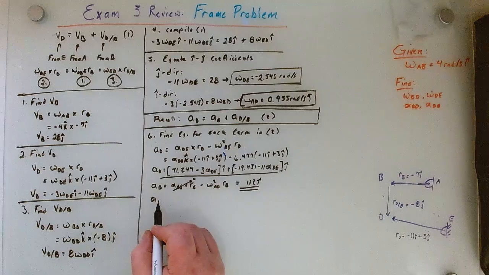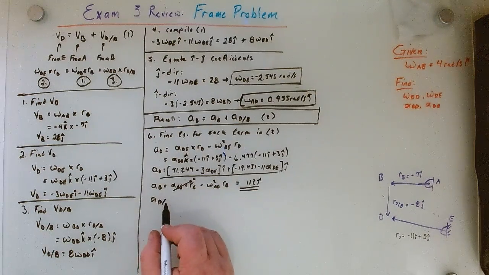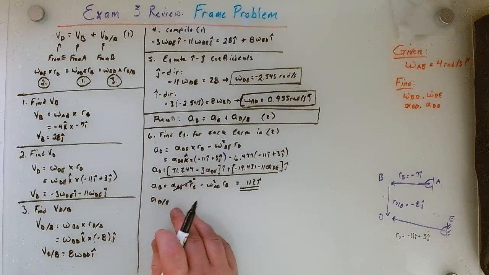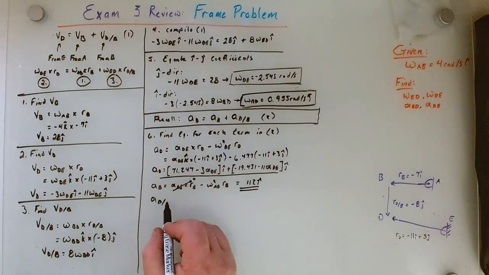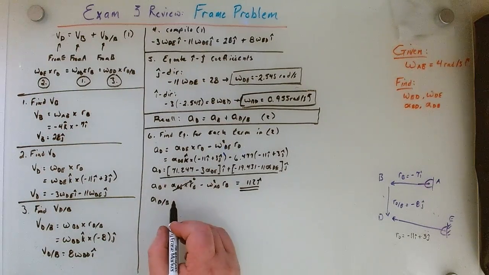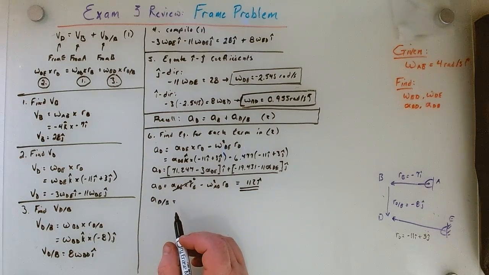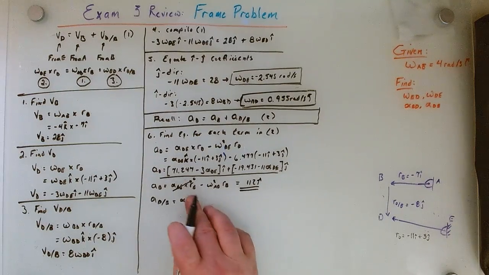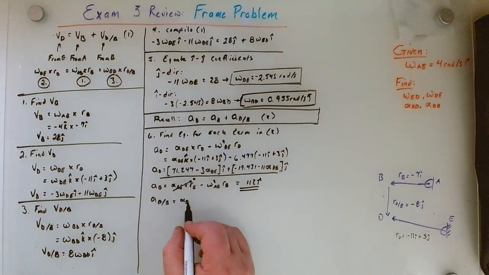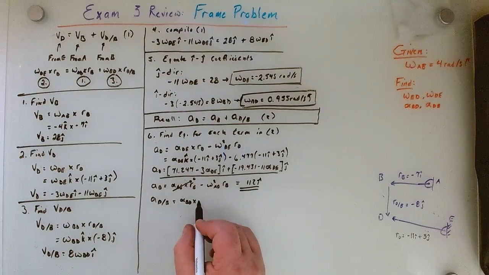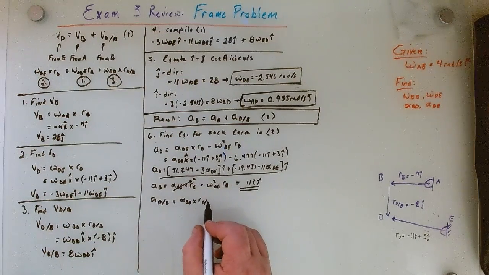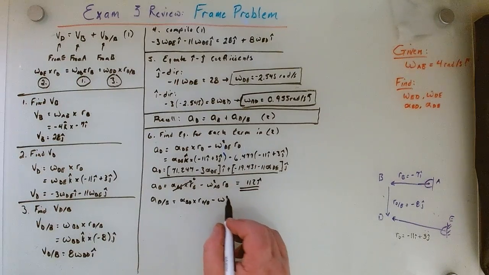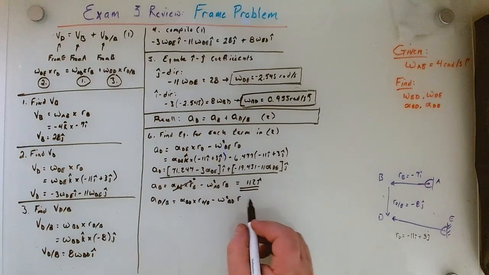And finally, A D with respect to, is it B? No, it's B, isn't it? Yeah. So D with respect to B is same thing, right? So alpha BD crossed with RDB minus omega squared BD times RDB.